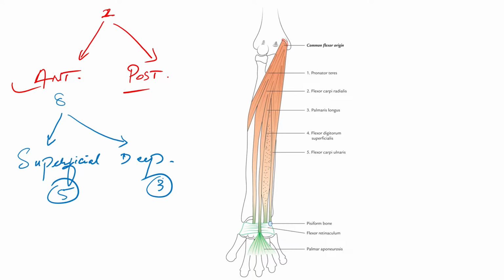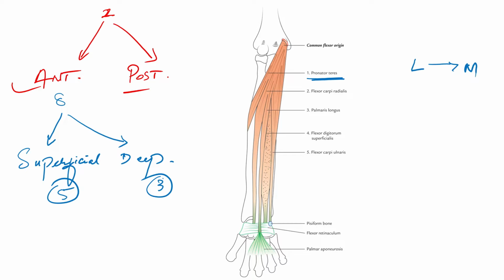The 5 superficial muscles of the anterior compartment are arranged from lateral to medial. Most laterally lies the muscle called pronator teres.